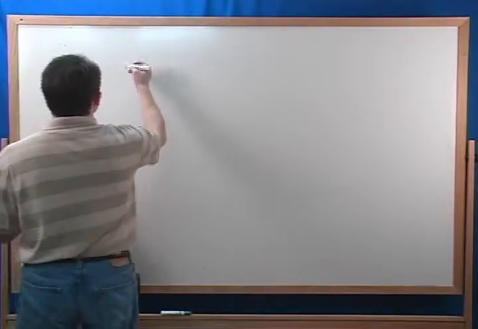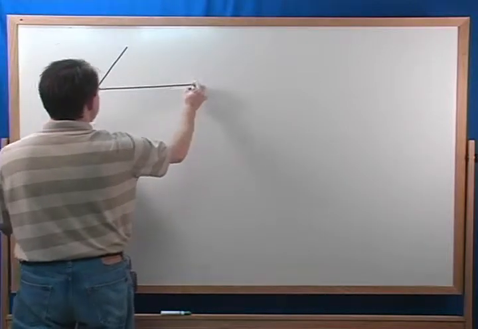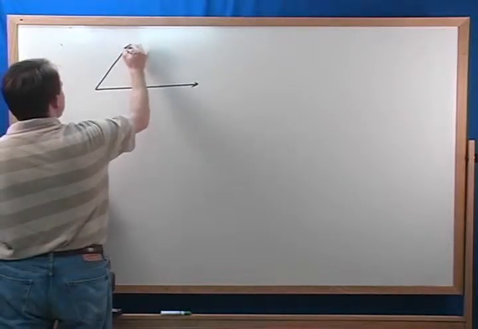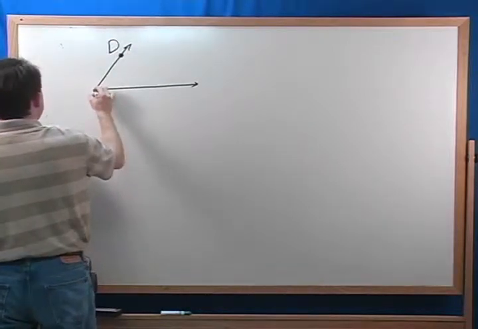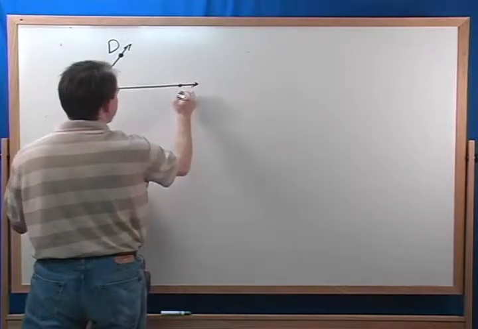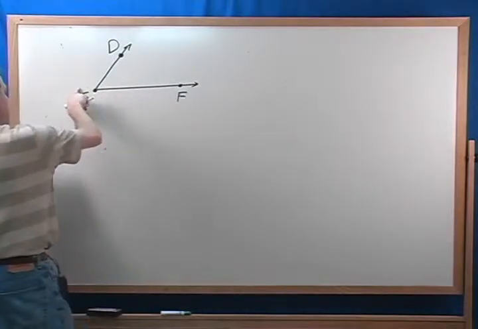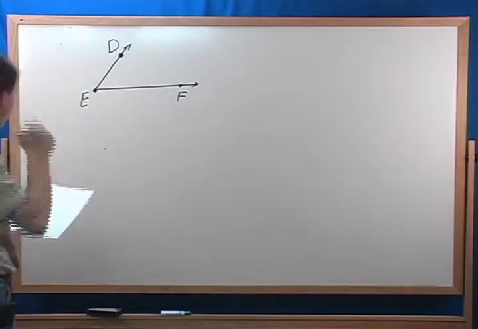Okay, so let's do some more examples. Let's say I have an angle that looks like this, and my two rays that I've used to define the angle are D, E is the vertex point, and F here. So I've got a ray ED and a ray EF, and a vertex here. How do I write this angle?